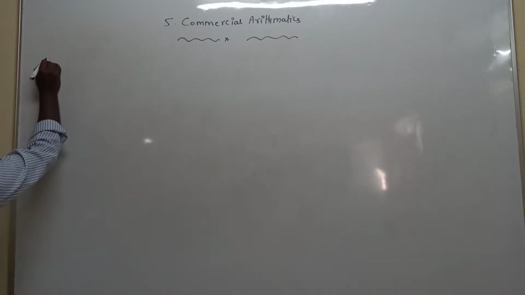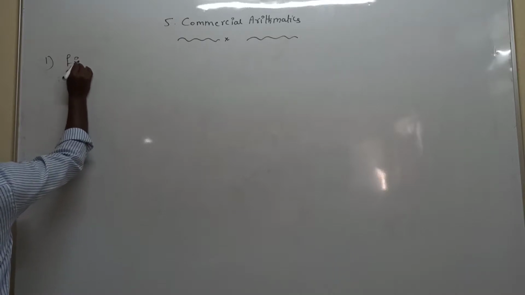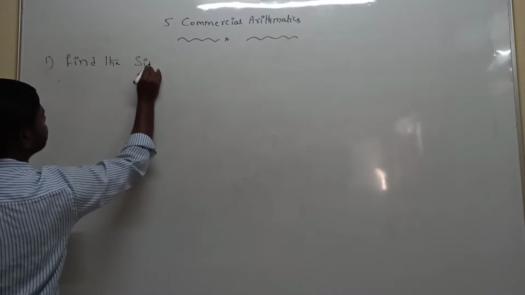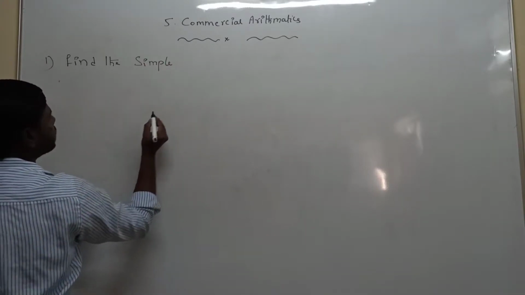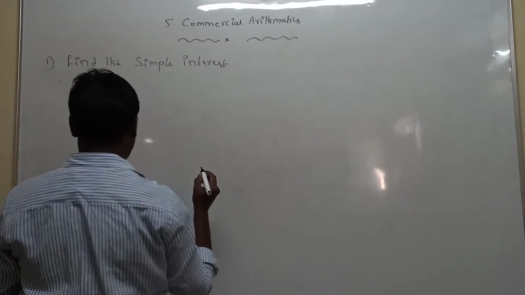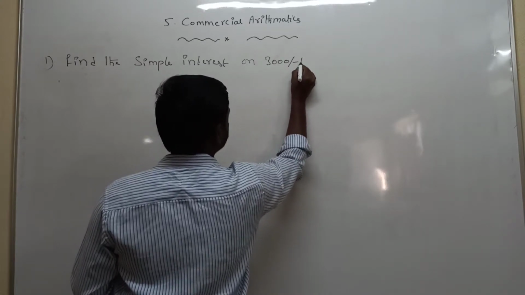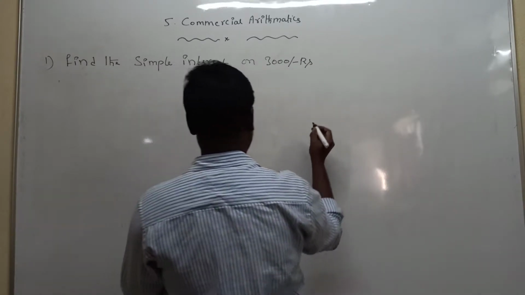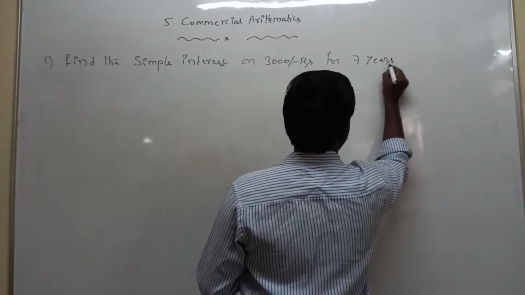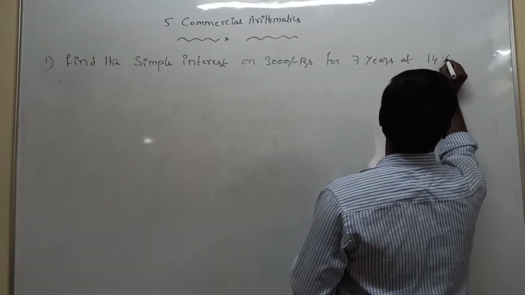First question. Find the simple interest on 3,000 rupees for 7 years at 14% per annum.